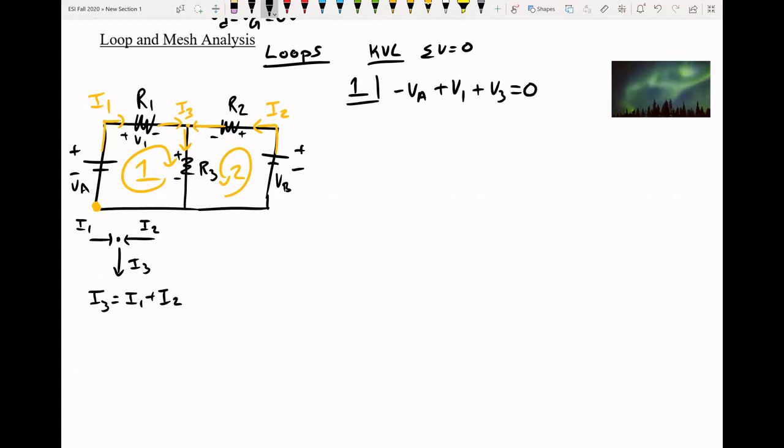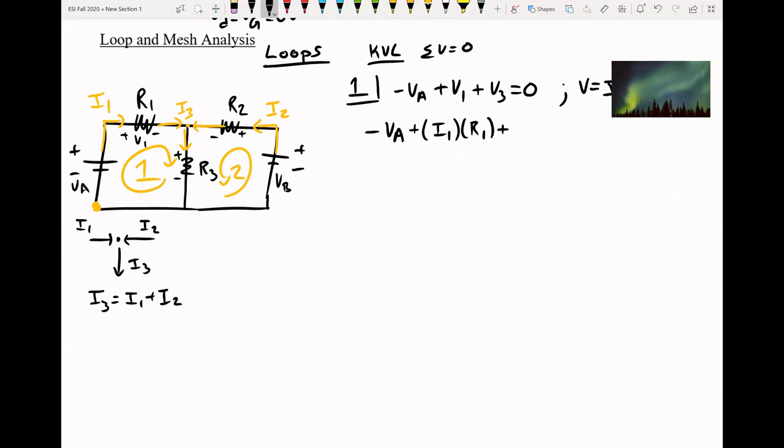All right. And what we're going to do now is we're going to replace it with V is equal to IR, but these are going to be specific to each element. So we'll come in here and we'll write negative V of A, plus V1, which is going to be equal to I1 times R1, because it's the R1 resistor with I1 running through it.